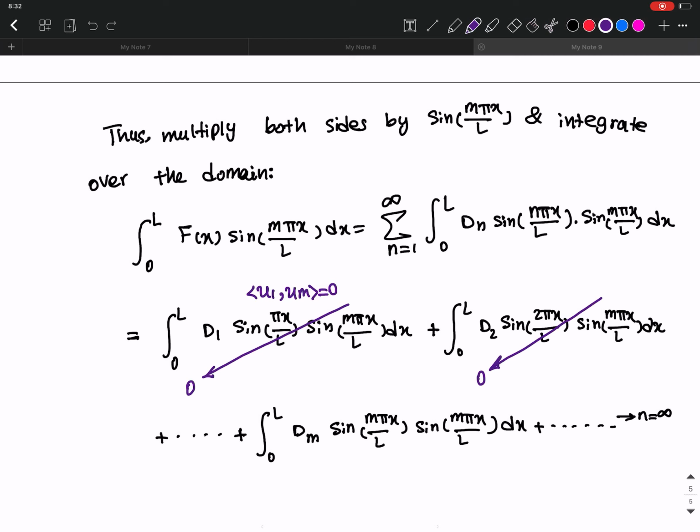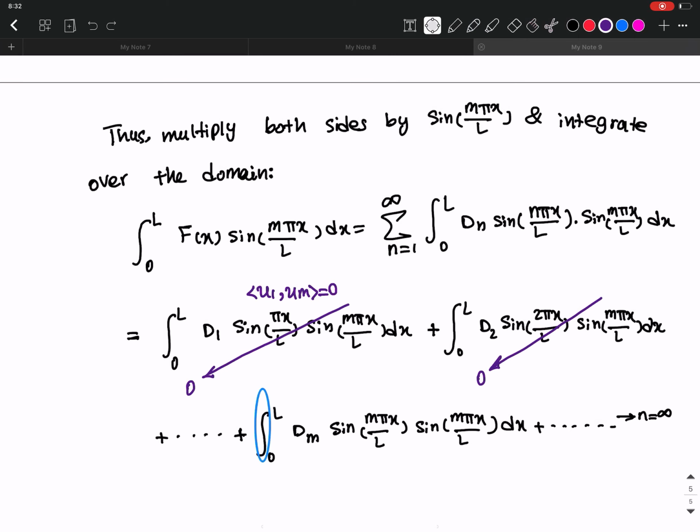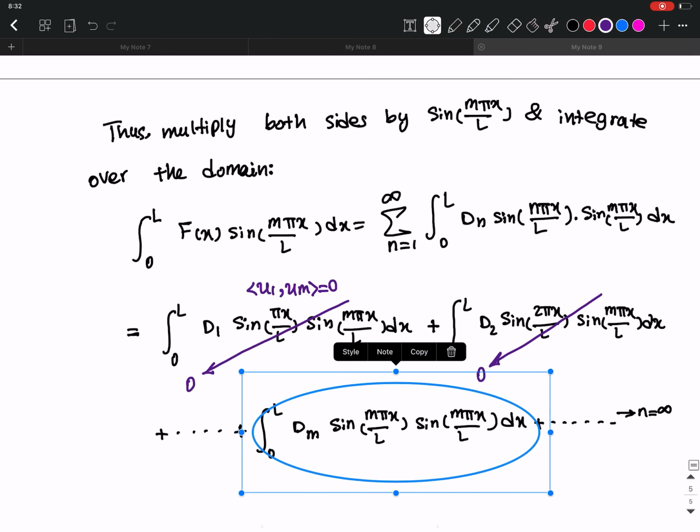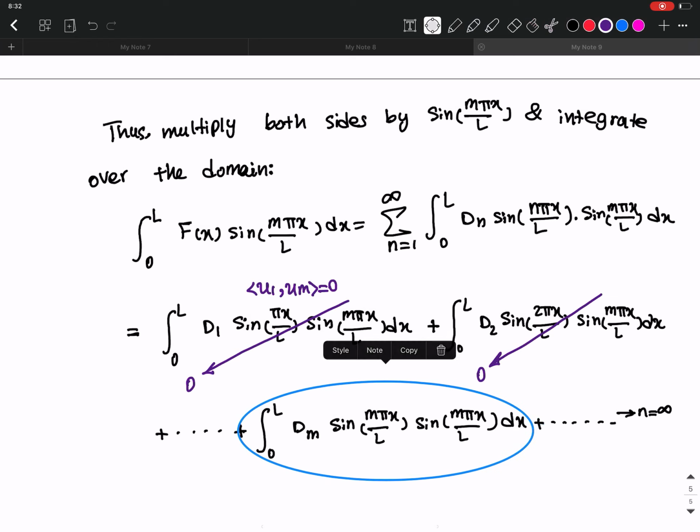Right? So this is the only term that remains. So let me show it. Okay, so this is the only remaining term in this summation.